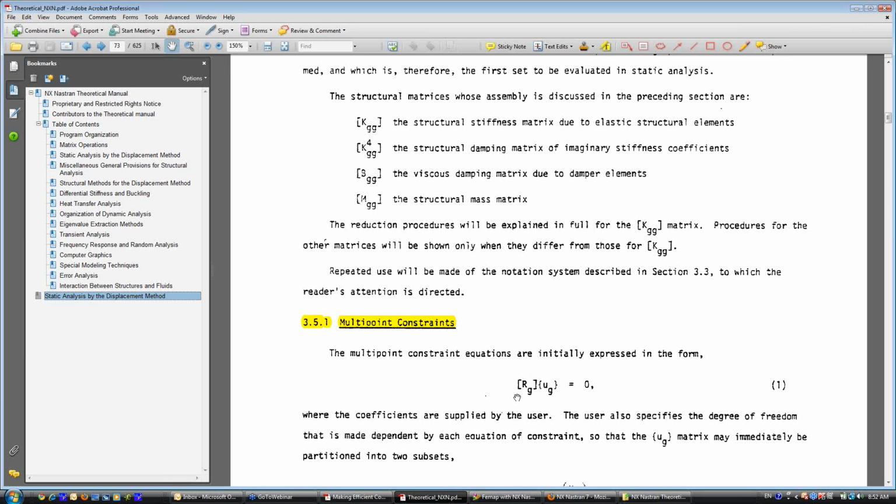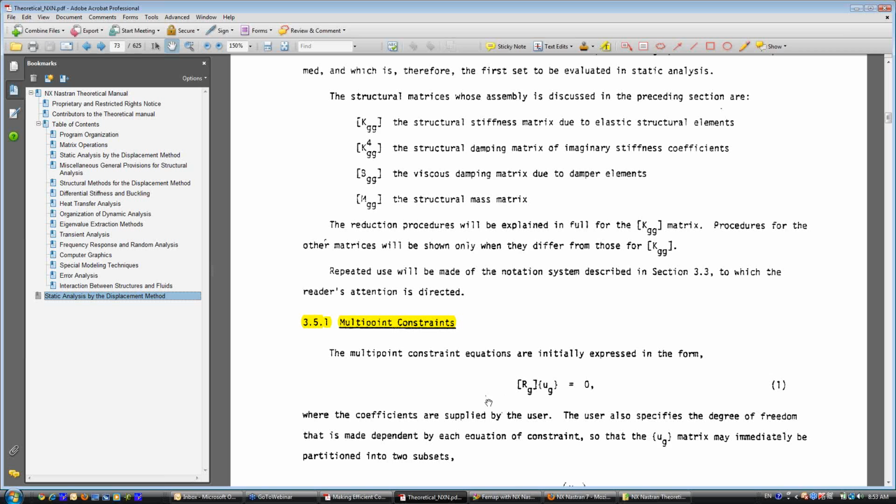So this RG, when we're doing an MPC by hand, by formula, we're directly entering the RG. When we let FEMAP give us an RBE2, well, an RBE2 is mathematically defined by a set of coefficients that's been hardwired and all set up for you.